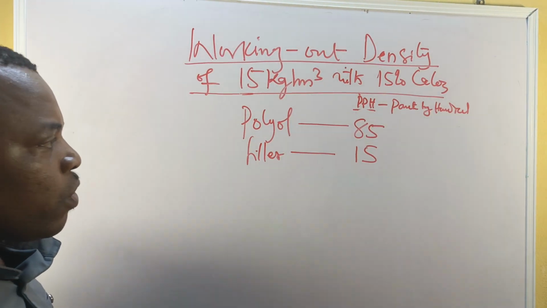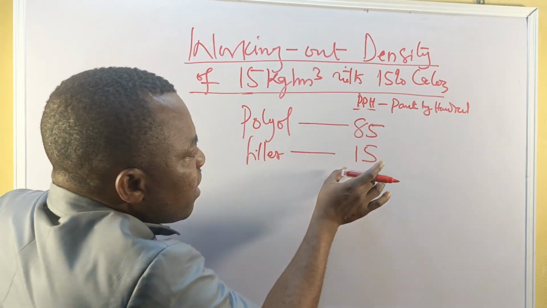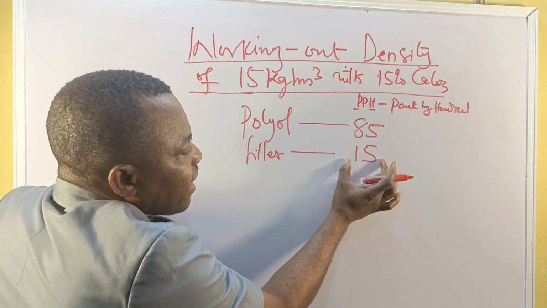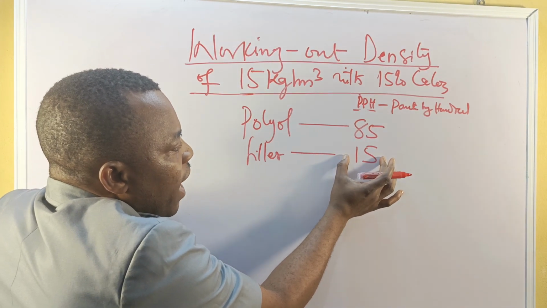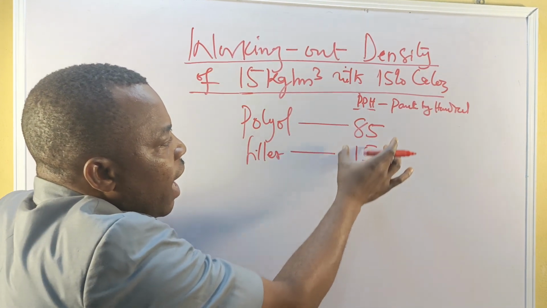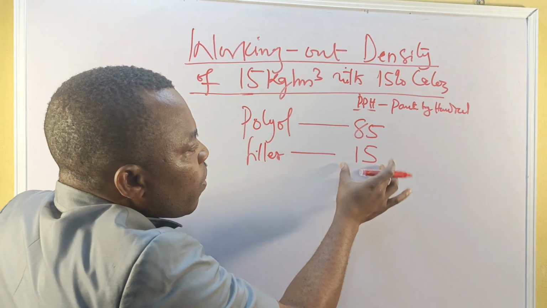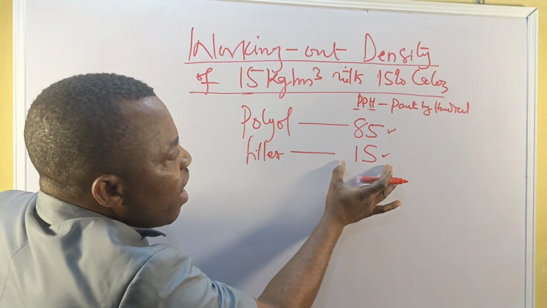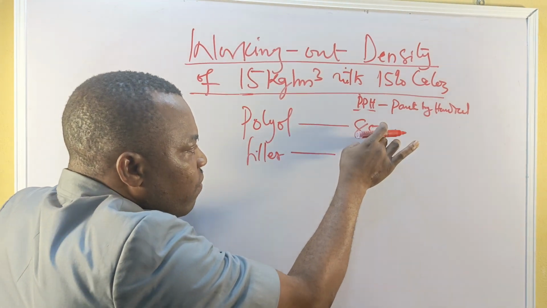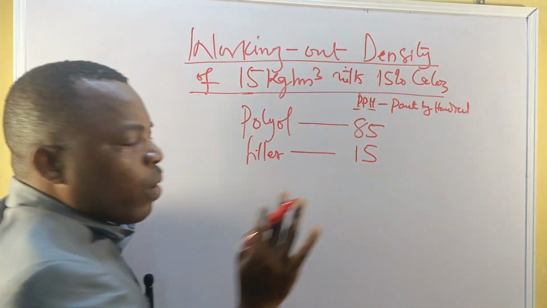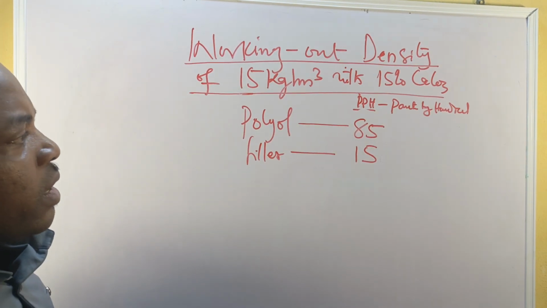Are we all together? So what it means is that you are using 15 parts of filler to substitute that of polyol. Now, looking at the two, this one is more expensive than this, but you are able to reduce 15% of this to replace this. That is what it means. Are we all together? Yes.